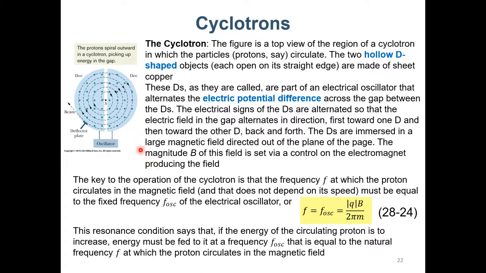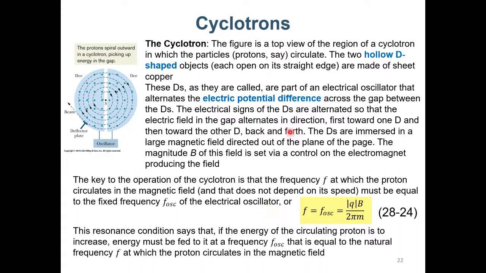Actually, what we need to set is the frequency for changing the E field. The key to the operation of the cyclotron is that the frequency f at which the proton circulates in the magnetic field, which does not depend on the speed, must be equal to the fixed frequency f of the electrical oscillator.